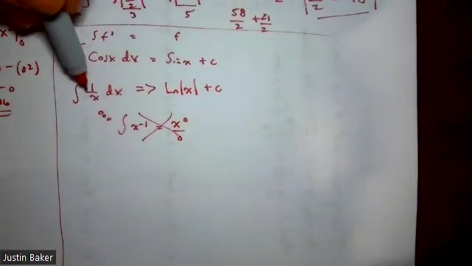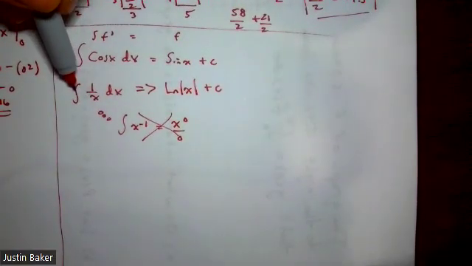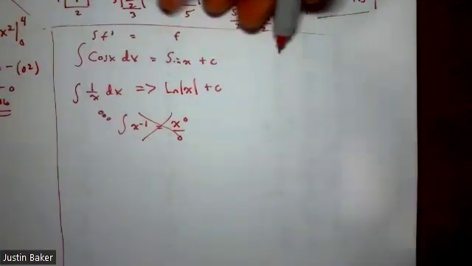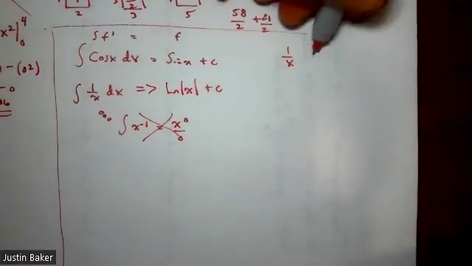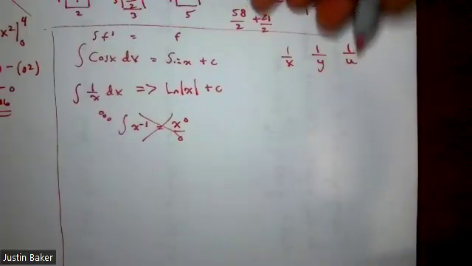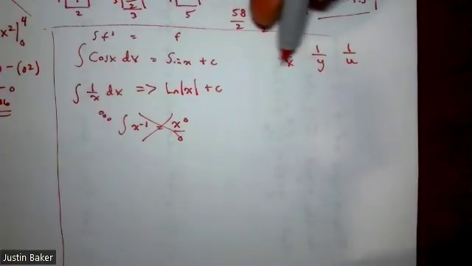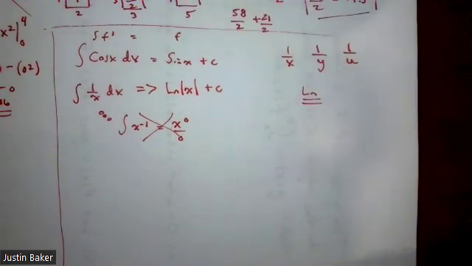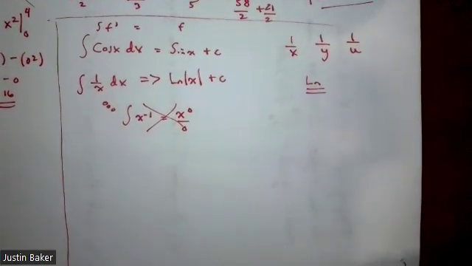So always remember 1 over x, you should definitely memorize these. They come up a ton on the AP exam. 1 over x, 1 over y, 1 over u. When there's no exponent involved and it's just x, just y, just u, these are all natural log. Does anyone have any questions on those?